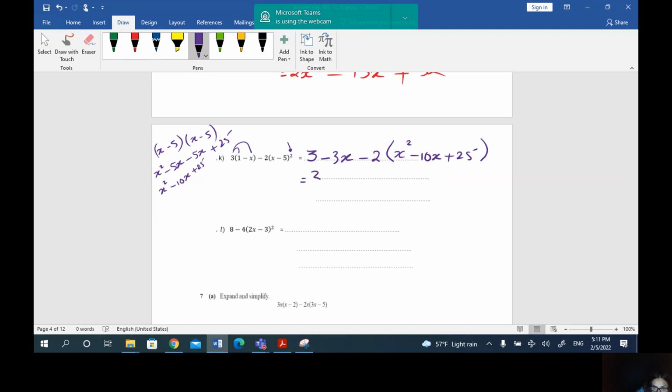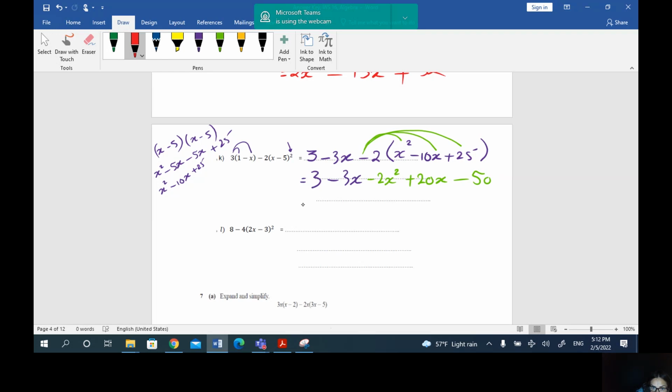First, the 3 will come down as is, minus 3x will come down as is, and now we're going to expand negative 2 into this bracket by multiplying each term inside the bracket by negative 2. Negative 2 times x squared, it's negative 2x squared. Negative 2 times negative 10x, it's plus 20x. Negative 2 times 25 is negative 50.